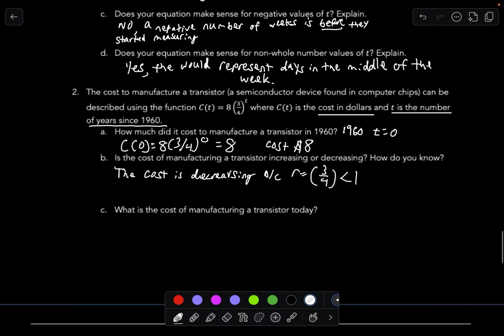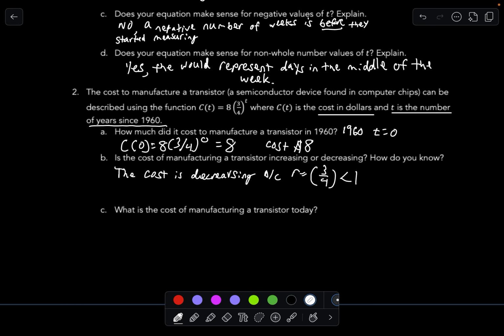For example, C of 1 would be 8 times 3/4, which would be 6. And then C of 2 will be 6 times 3/4, which is 4.5. But it's decreasing.